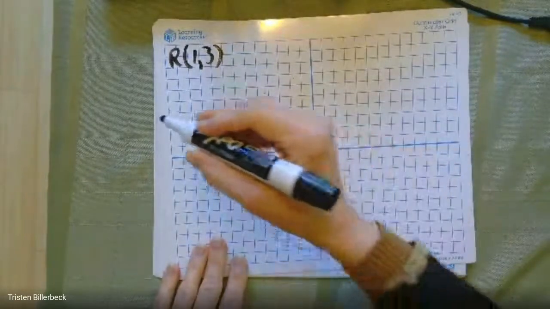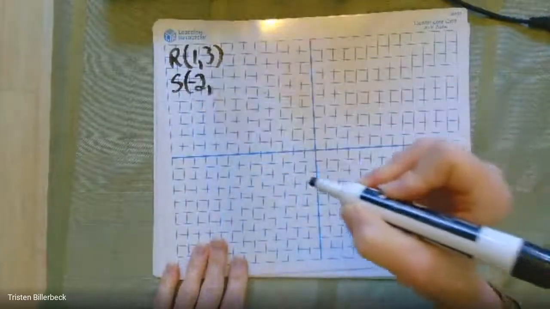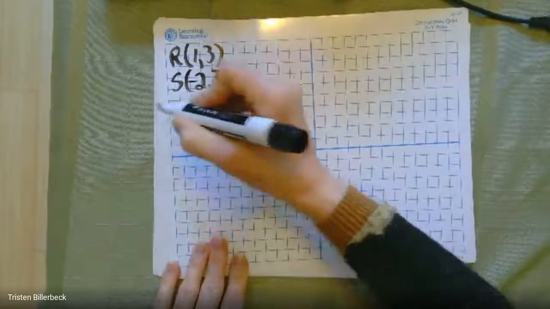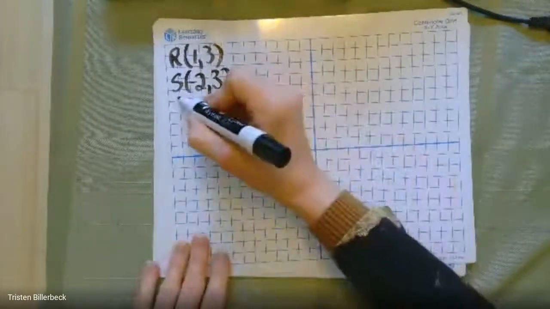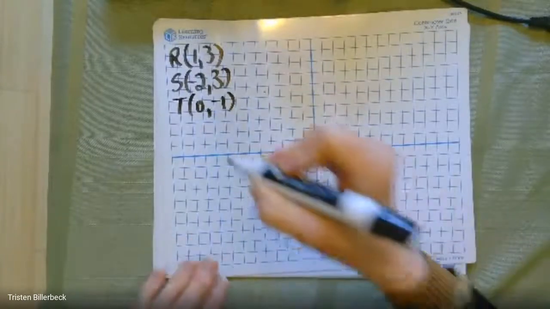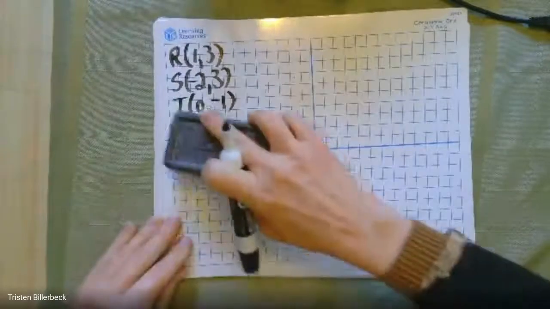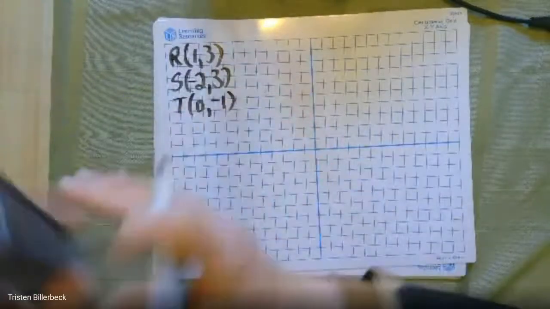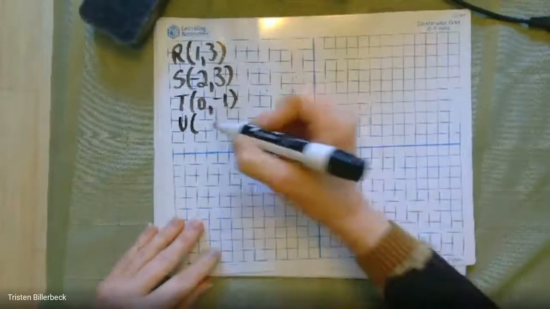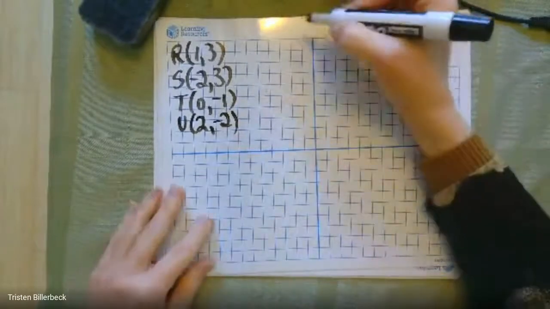We have S at negative 2, 3. T is at 0, negative 1, and U is at 2, negative 2. So let's plot those.